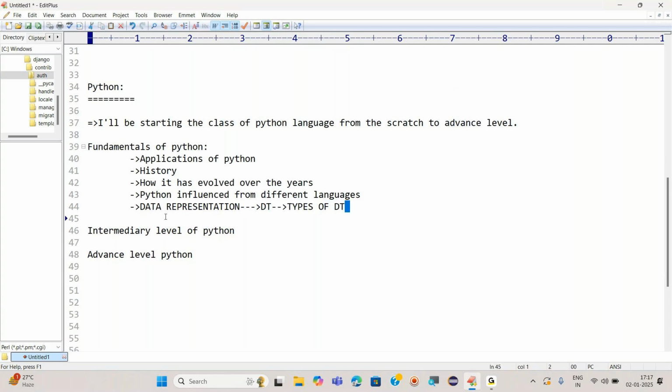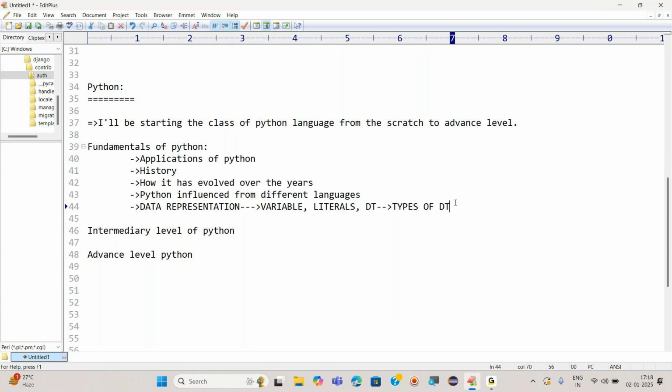Everything we are going to see in data representation. We'll be seeing what is a variable, what are literals, and what is the need of literals and the need of variables, everything we'll be seeing here.